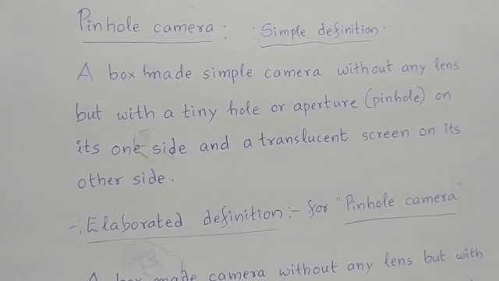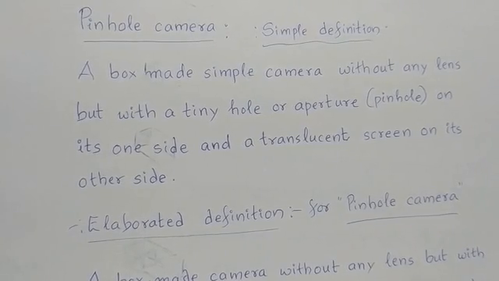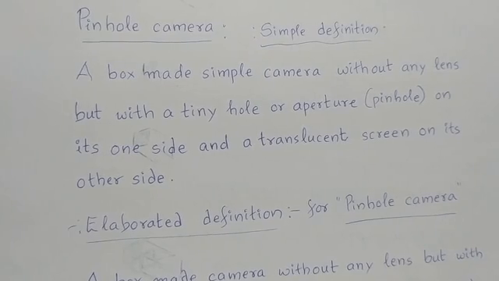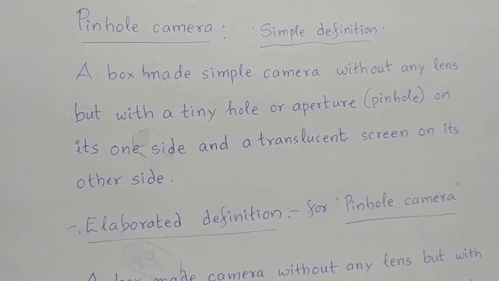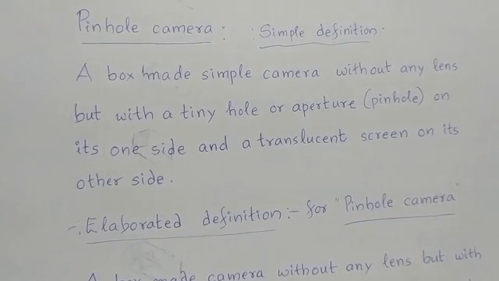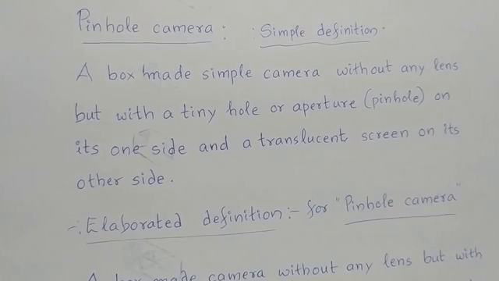So tiny hole. If you make a hole with the end of a pin, how much sized hole is going to be formed? A very small hole is going to be formed. That is what is called a tiny hole or aperture.